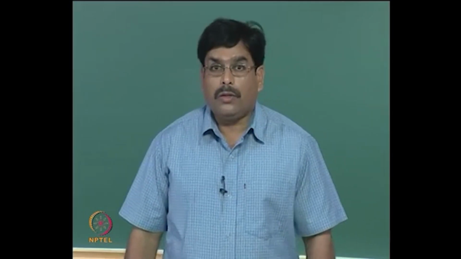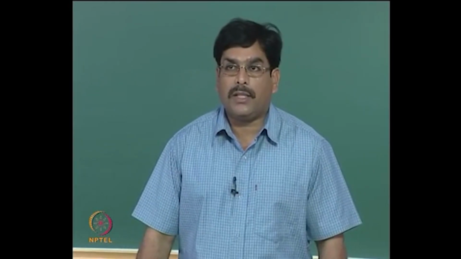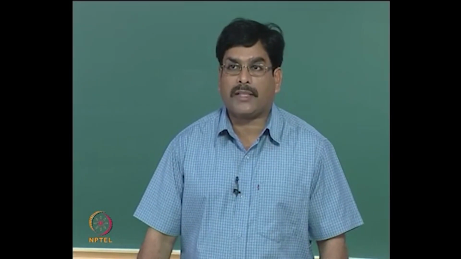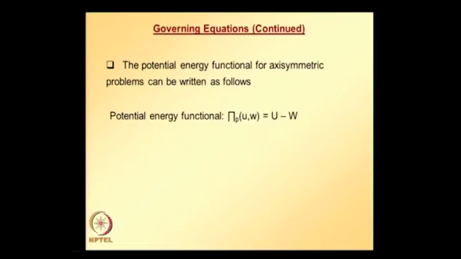So, now to develop finite element equations, we require the potential energy functional. The potential energy functional for axisymmetric problems can be written like this, similar to plane stress, plane strain problems, except that the potential energy functional is now going to be a function of u and w, displacement in the r direction and displacement in the z or axial direction.